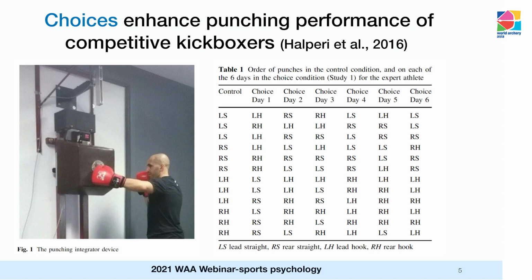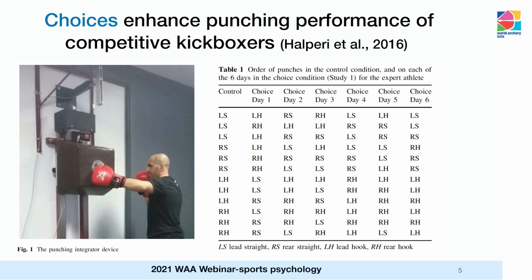Then in another condition, there is the so-called choice condition. Both conditions are 6 days of training. In the choice condition, the athlete can choose the order of the punches as he wants. And you can find that in these 6 days, he has very different orders between days.